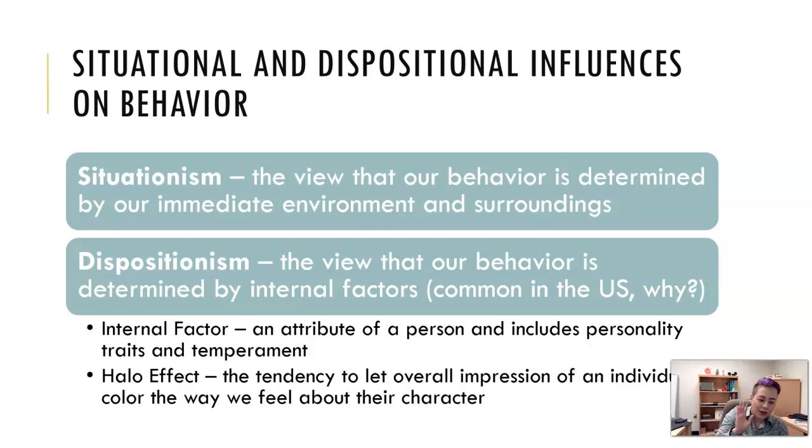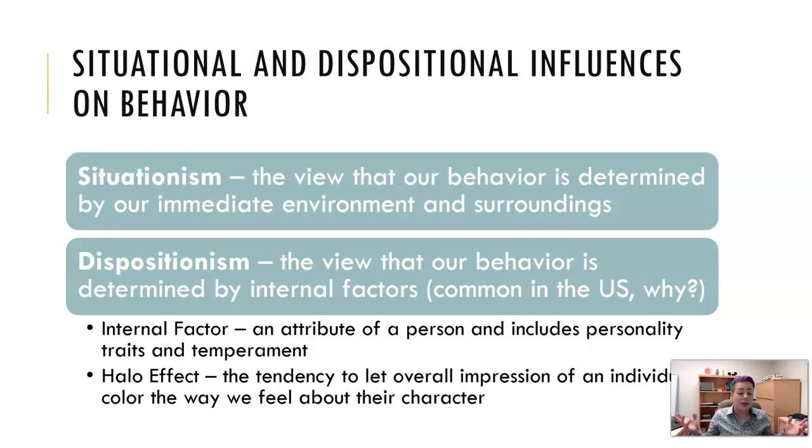We very readily attribute something that happens to someone as being a part of their personality as opposed to their circumstance. I'll give an example in the next slide. But those internal factors, we say it's an attribute of a person and concludes their personality traits and temperament all because of an interaction.